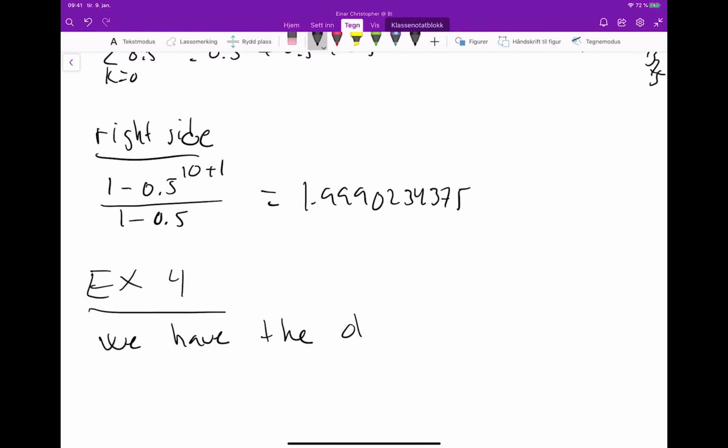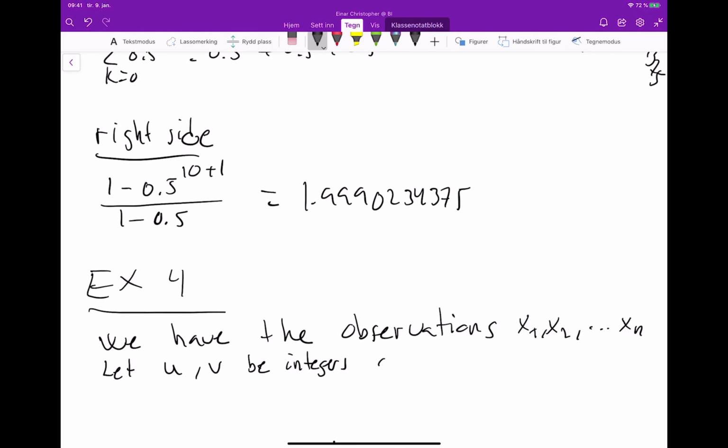the observations x1, x2, xn, and let u, v be integers such that u is bigger or equal 1 and less or equal v, and v is less or equal n.